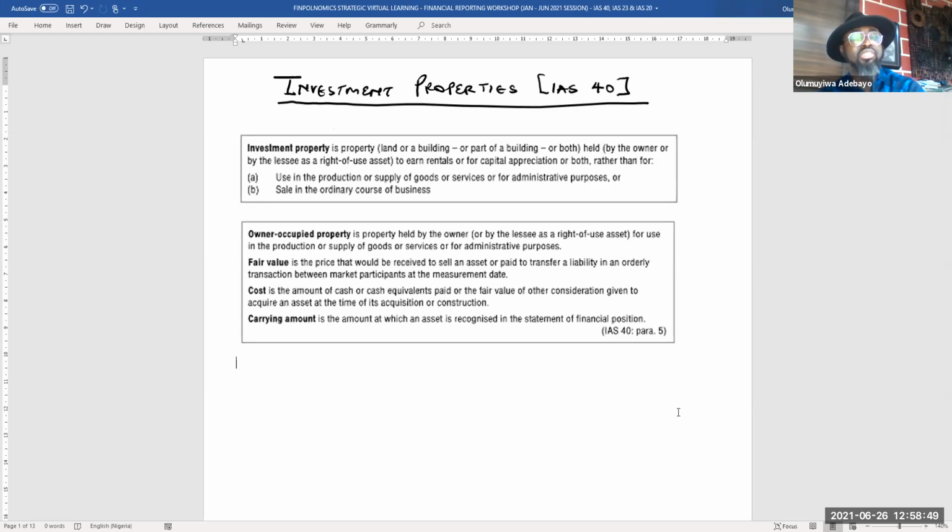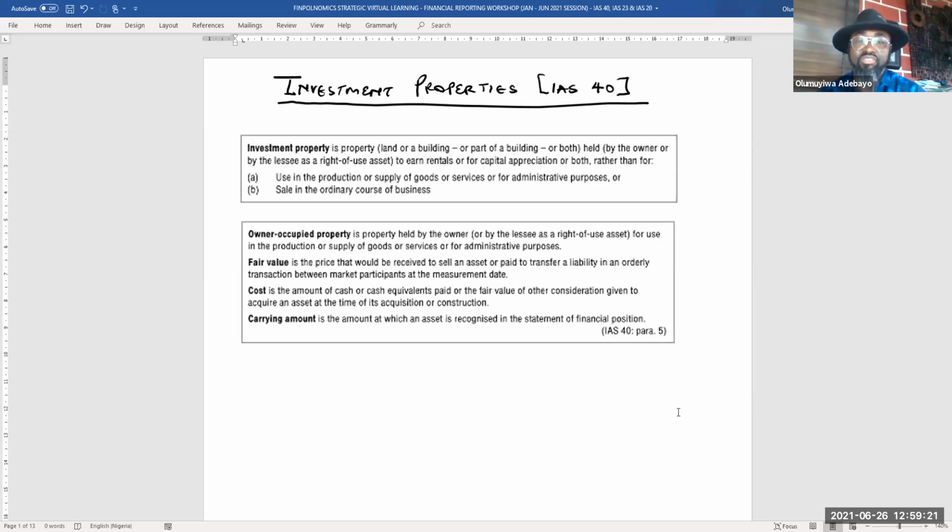Remember, we discussed extensively when we were discussing financial instruments, IFRS 13, fair value measurements, where fair value has been defined as the price that would be received to sell an asset or the price you would pay to extinguish or transfer a liability in an orderly transaction between market participants at the measurement date.